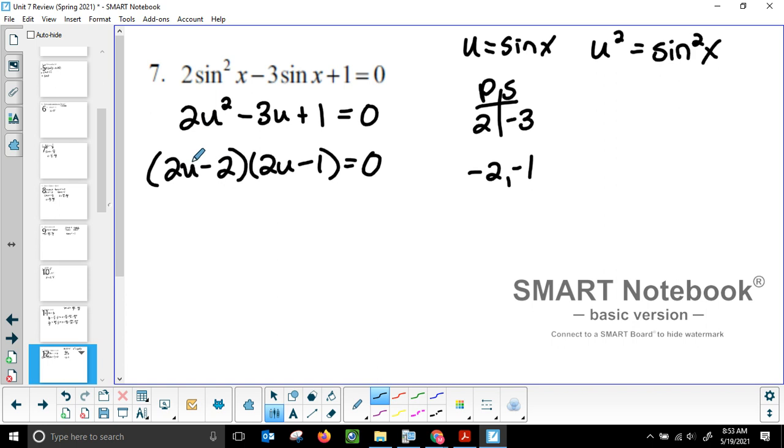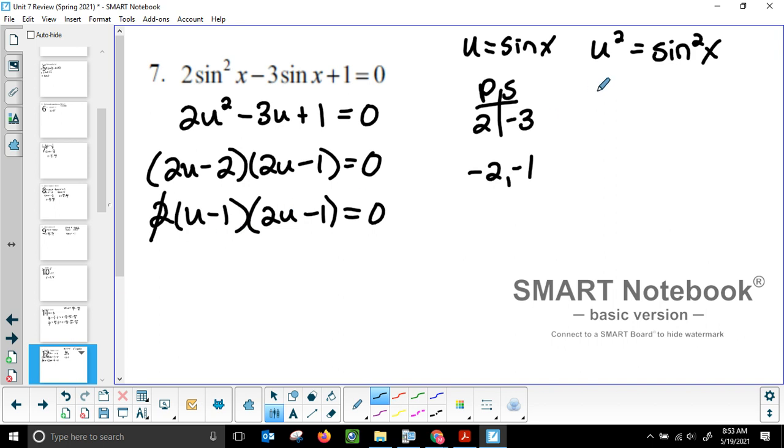All right, since our leading coefficient was other than 1, I'm going to need to take out some trash. So in this first factor here, I can pull out a 2, and I'm left with u minus 1. Here I can't pull out anything, so it stays 2u minus 1, and I throw away whatever trash I pulled out. So this is now my factorization.